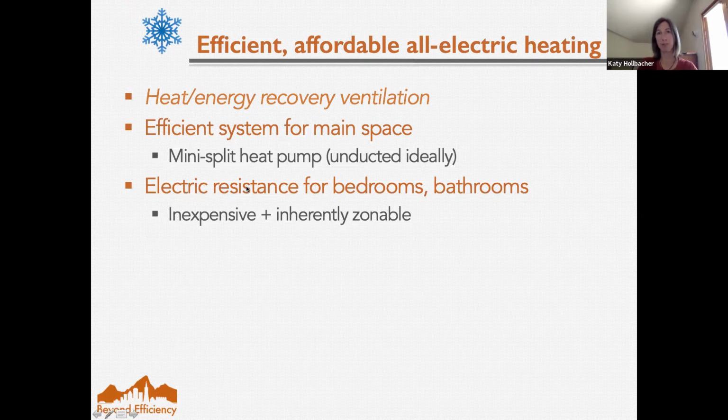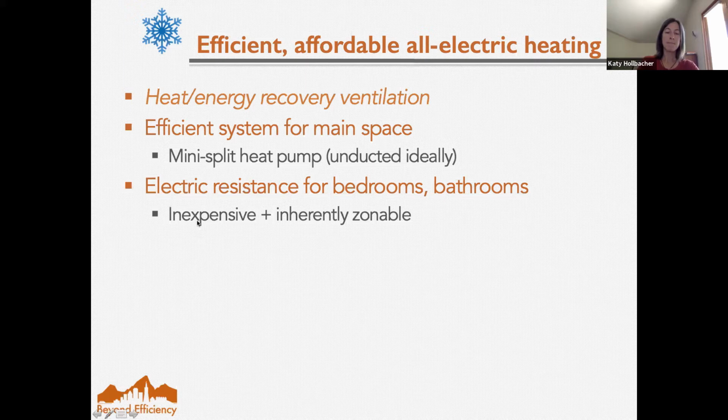Bedrooms and bathrooms, electric resistance. If you're already designing a high performance building, and a lot of people like me, certainly not everyone, like a pretty chilly bedroom to sleep in, I think you can justify this kind of hybrid system.